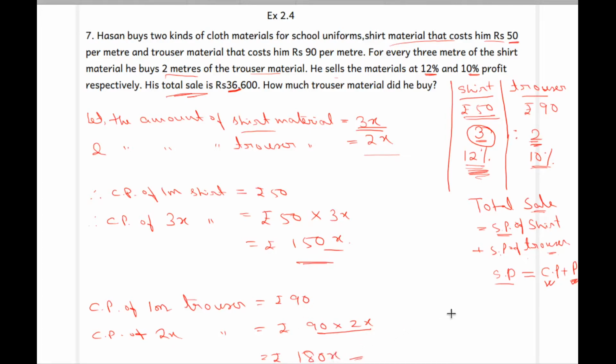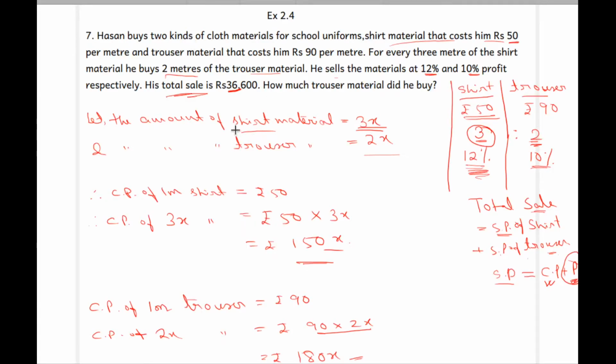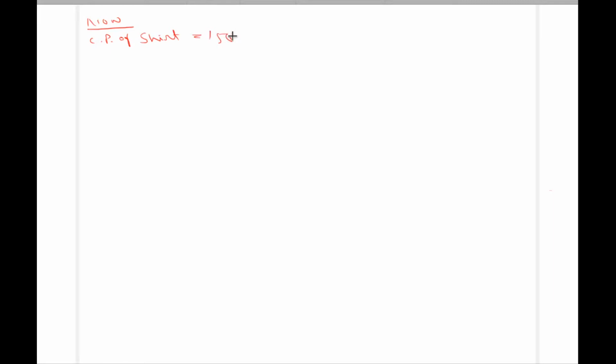Next we have to find out the profit. Where profit percentage is given, we have to find out profit. Cost price of shirt equals 150x. So profit equals profit percent of cost price.